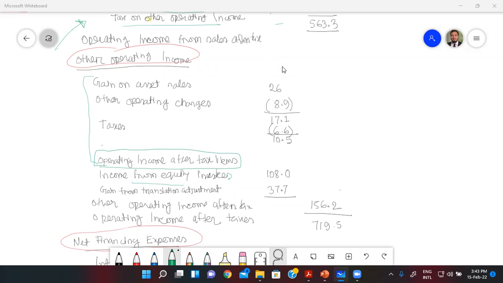Interest income of 19,700, interest expense of 38,200, realized gain on available for sale investment 3,800, gain on asset sales 26,032, and other operating charges 8,913.